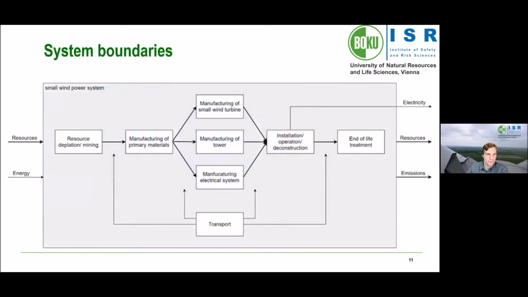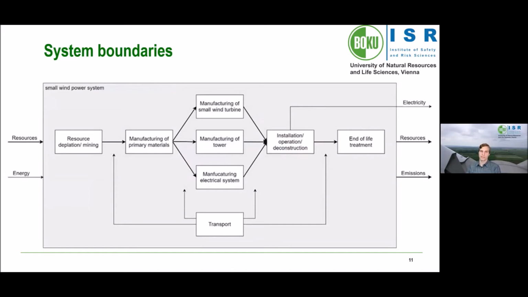And so what were the main processes here? We have the resource depletion mining, which goes into the manufacturing of the primary materials, which again go into manufacturing of our 3 subsystems: turbine, tower, and electrical system.